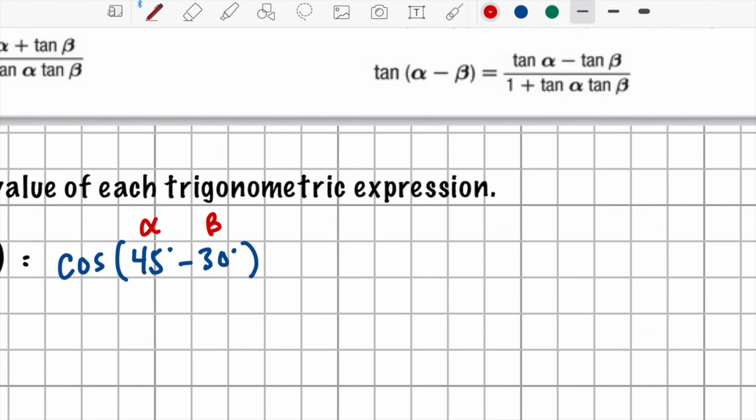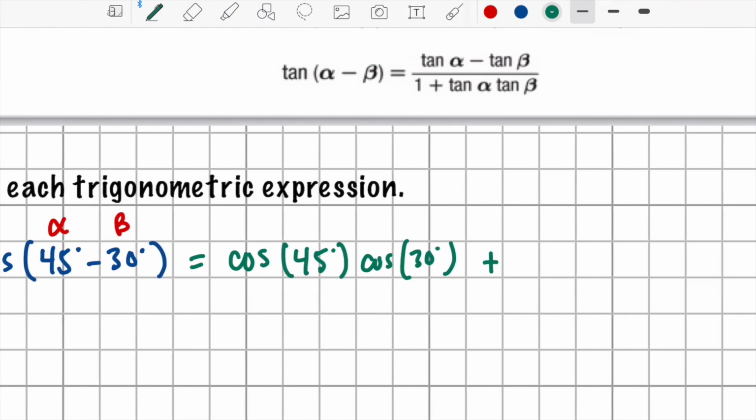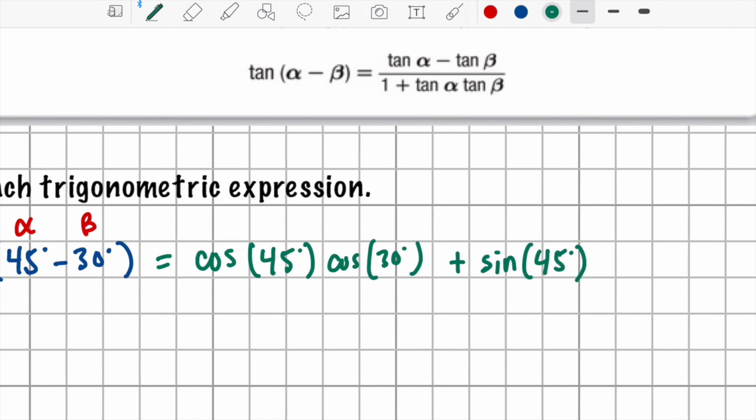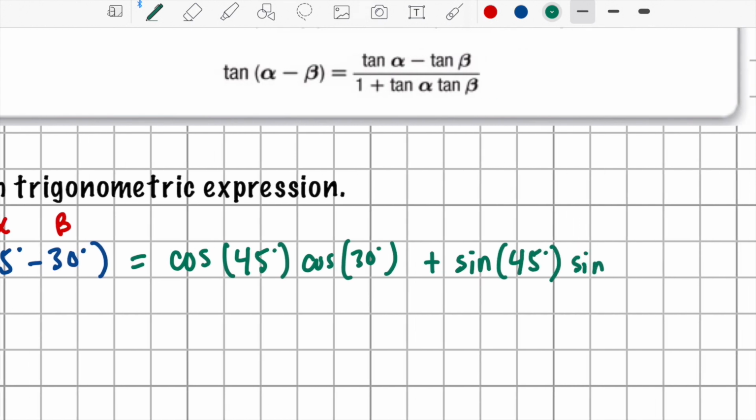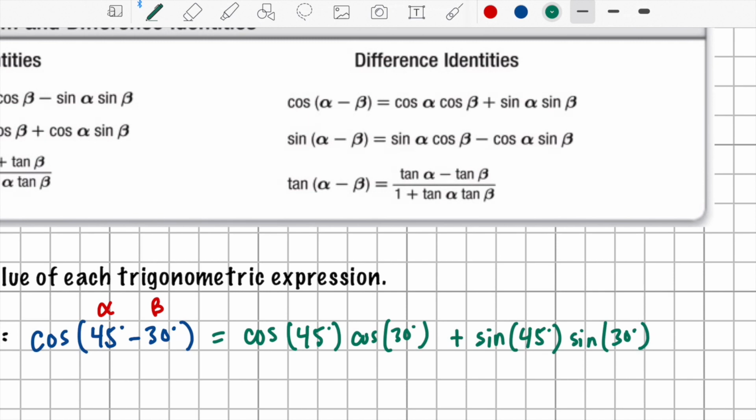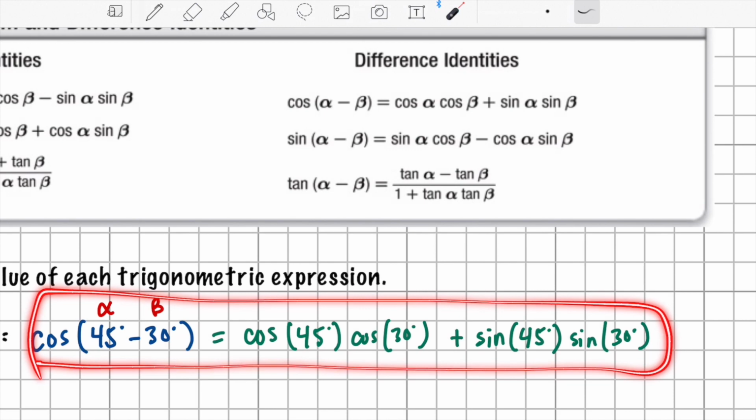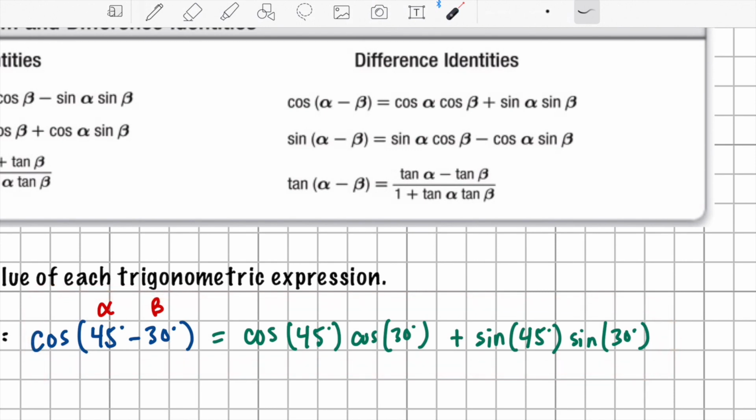Following the difference identities, this becomes cosine of 45 degrees times cosine of 30 degrees plus the sine of 45 degrees times the sine of 30 degrees. So let's go back and compare this with this. There it is, we expand it.